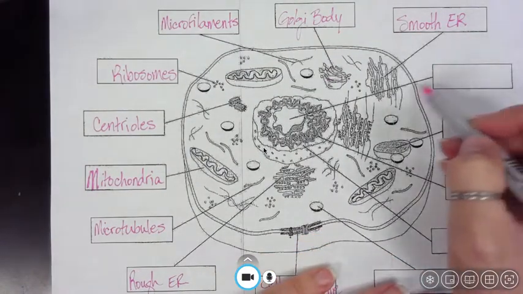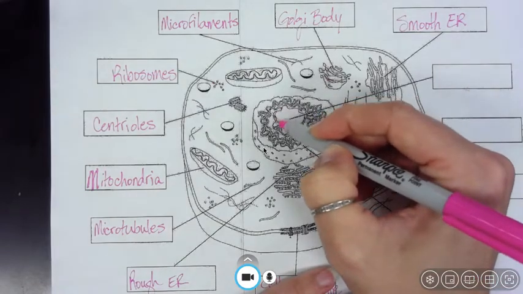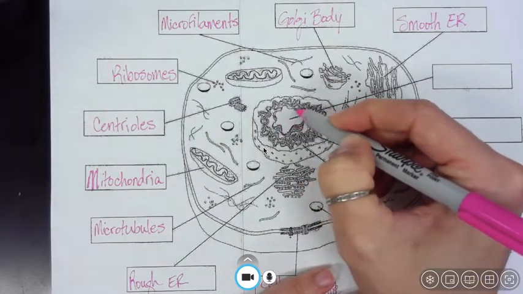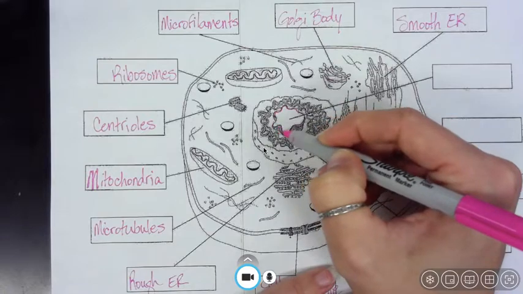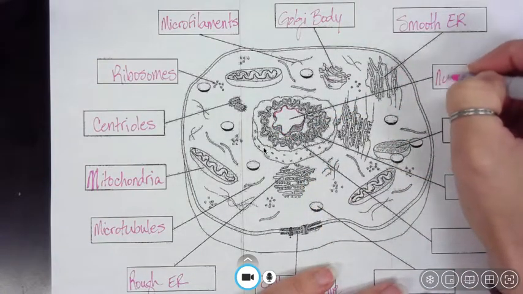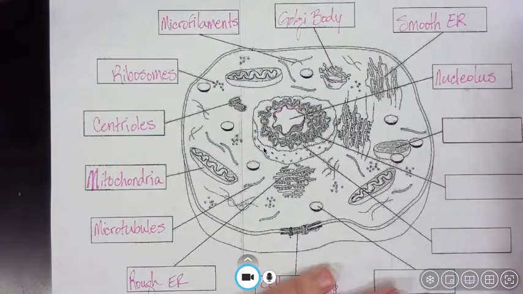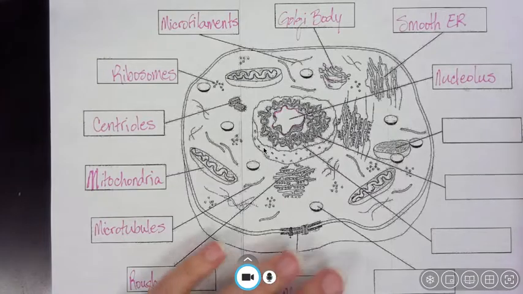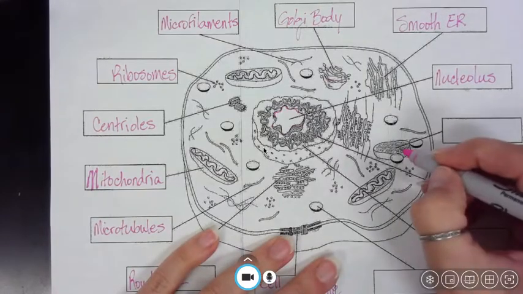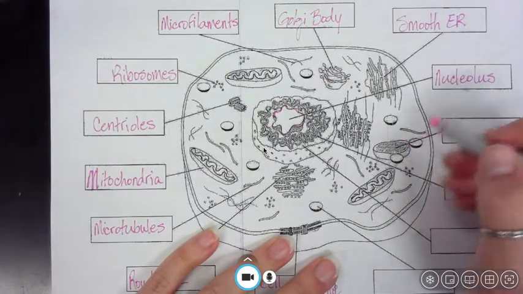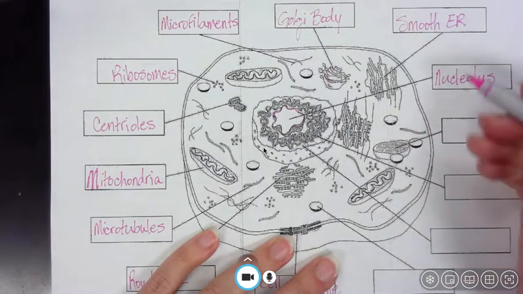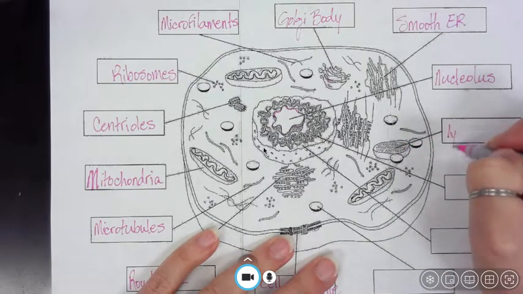Here, this line is going to that part in the very middle of the nucleus, and I know that is going to be the nucleolus, the small dense dark part in the middle of the nucleus. This one is probably going to be a lysosome.